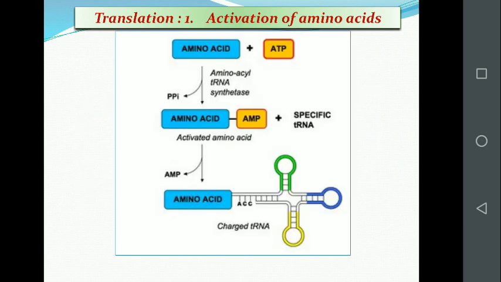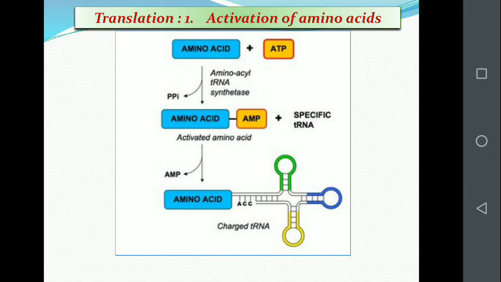In the mechanism of this reaction, the amino acid first reacts with ATP and forms amino acid AMP, which is a high energy compound because of the bond between the amino acid and AMP.